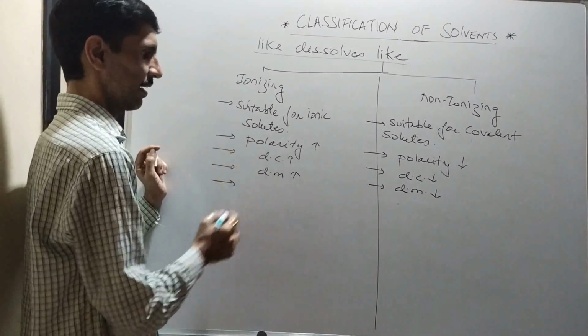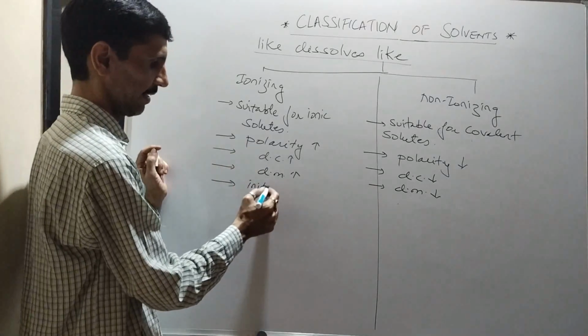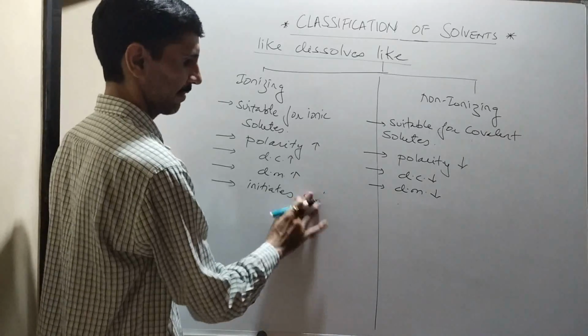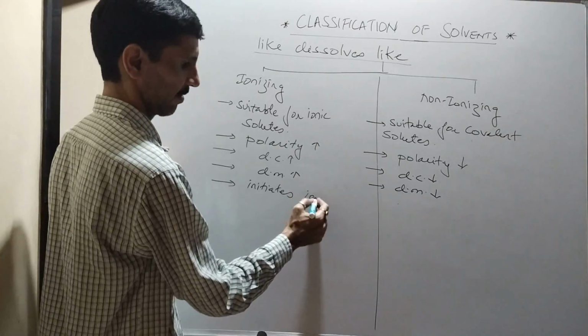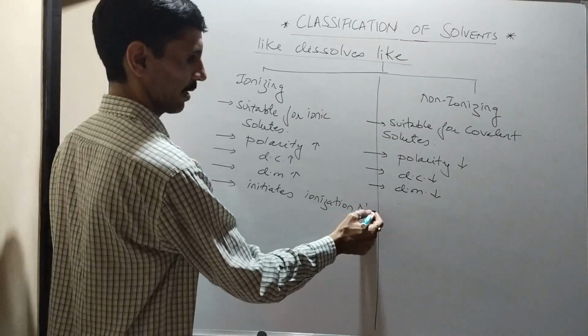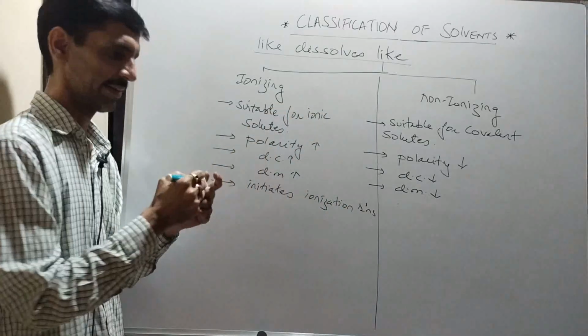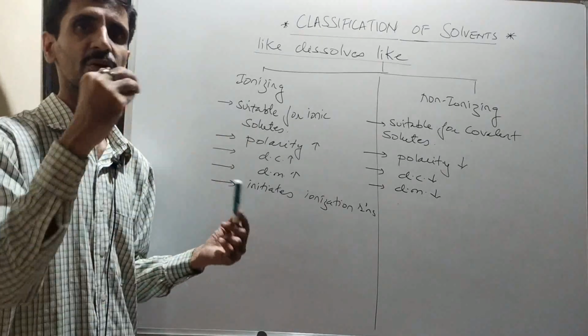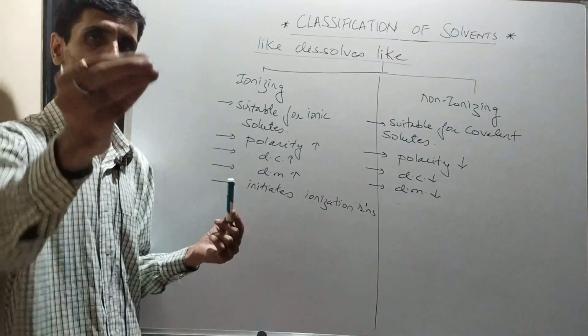नेक्स्ट थिंग इज यहाँ पर हम बोलेंगे कि इट इनिशिएट्स ऑटो आयनाइजेशन, या वी सिंपली से आयनाइजेशन रिएक्शंस. Initiate matlab start. Okay, it can contribute to the beginning of ionization reactions which involves the formation of ions.